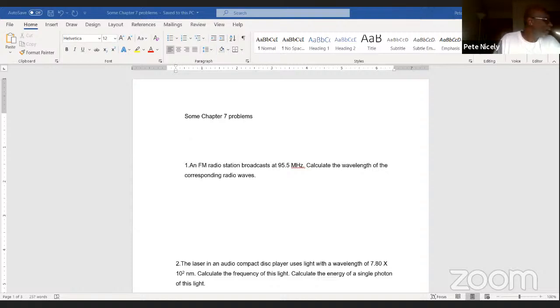And now for the B part, it's asking for the energy of Avogadro's number of photons. So basically what you have to do is multiply this here by Avogadro's number, because this gives the energy of 1 photon.